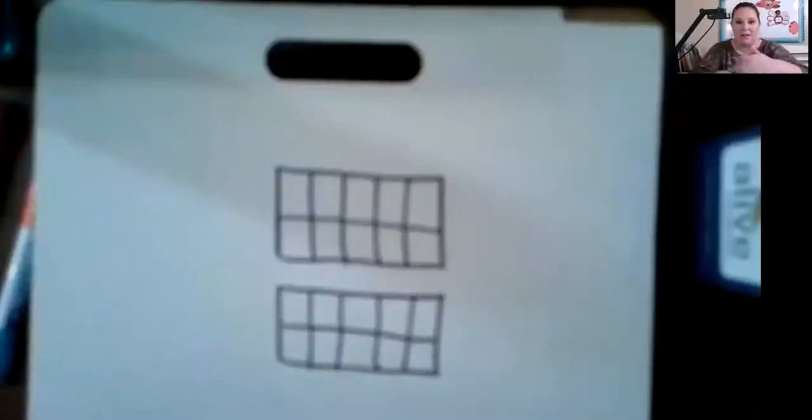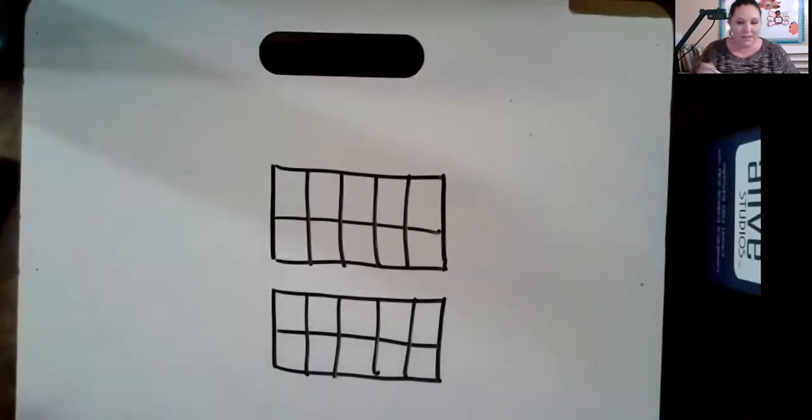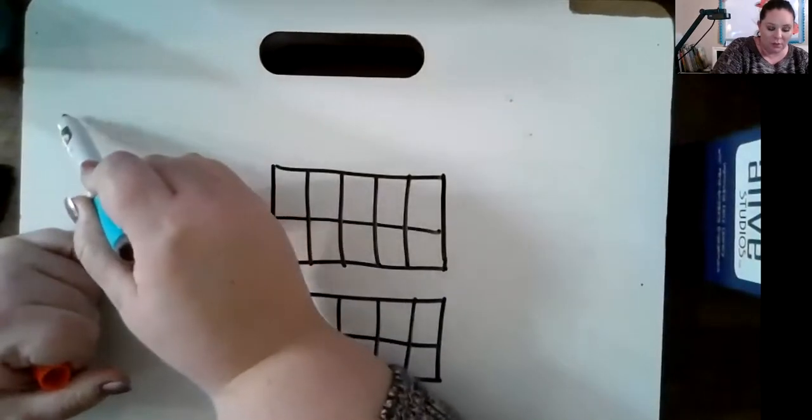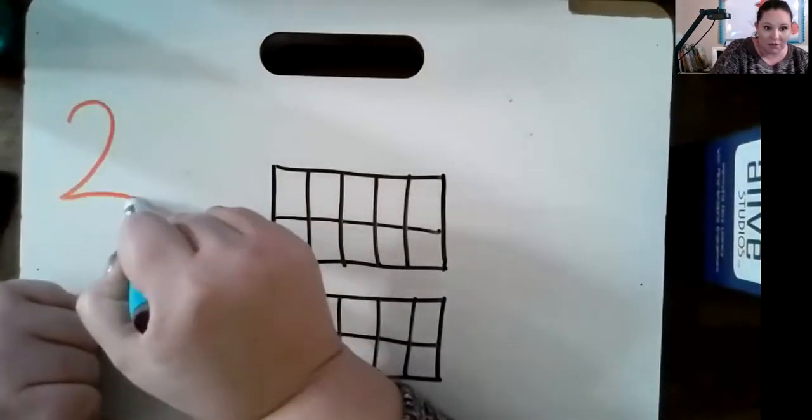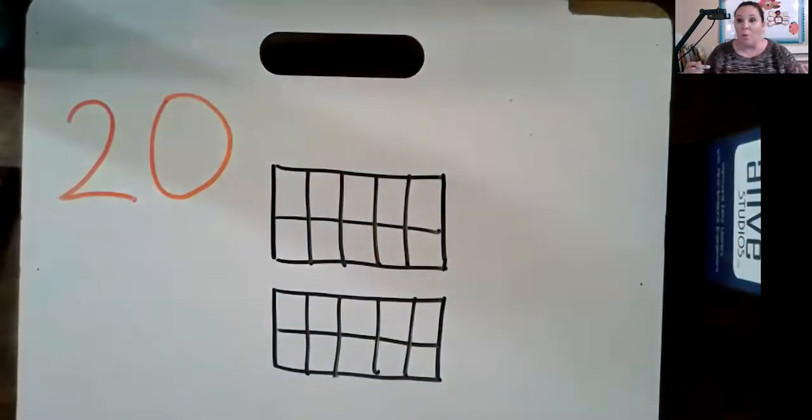So let me share my screen with you, and here is our whiteboard. So first of all, let's get our skywriting fingers ready, and we are going to write a 2 and a 0. Why is that?